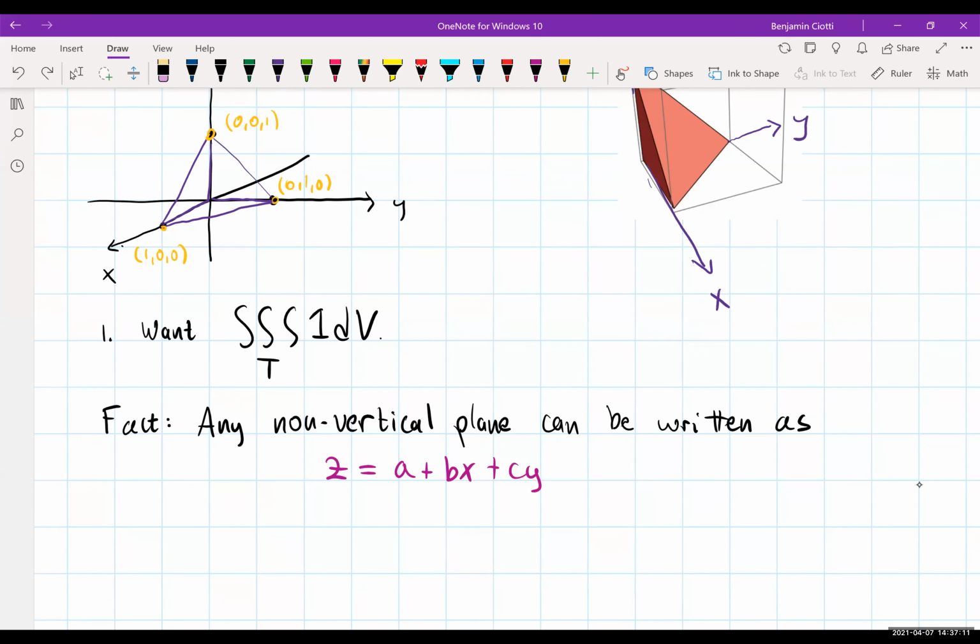So let's plug in 0, 0, 1. Then I find that 1 equals A plus B times 0 plus C times 0, i.e. A is equal to 1.